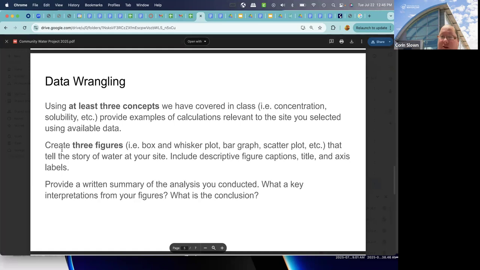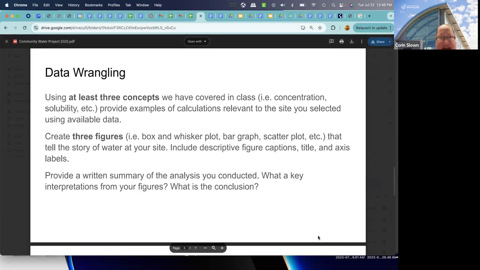So you want to include your descriptive figure captions, your title, your axes, the labels. And this is where your written summary of your analysis, like 1 to 2 sentences of key takeaways for each figure. So, what's your conclusion as you look at and think about that data?